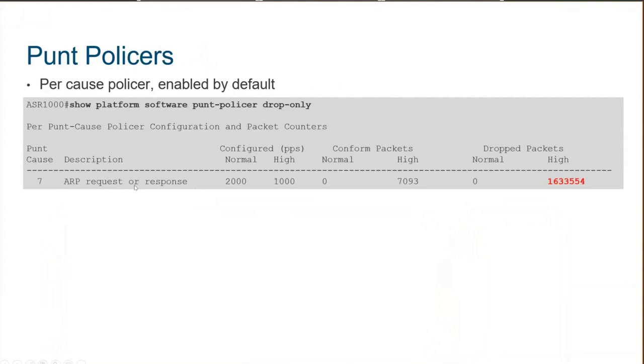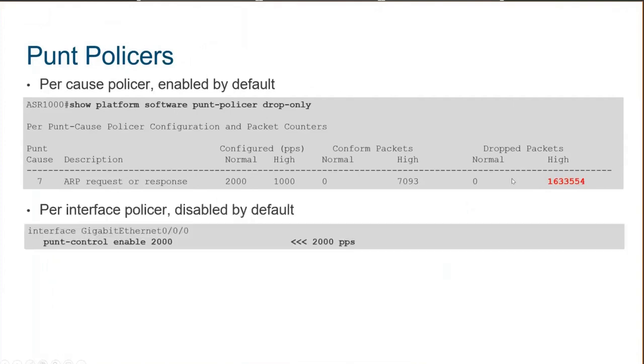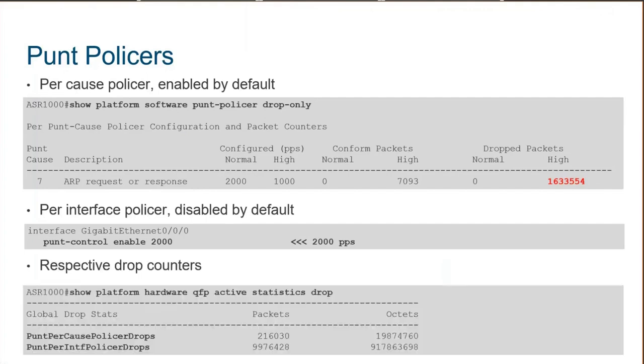So each of those causes, per cause, will have these many numbers. If it moves over that, then those packets will be dropped. So this is per interface. If the number of packets per interface is more, then that will be dropped. Respective drop counters can be seen again under the QFP active statistics drop output.